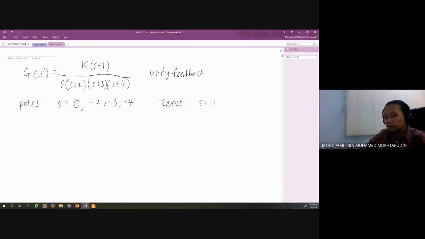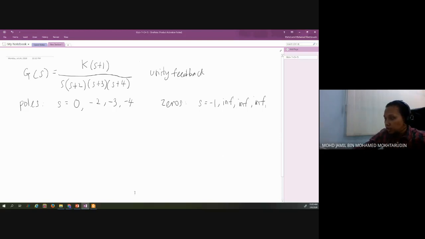And since you have 4 poles, you need to add 3 more zeros so that they are equal in number. So you need to add infinity, infinity, infinity. So 3 more zeros at infinity.